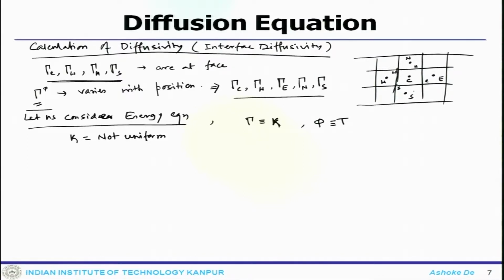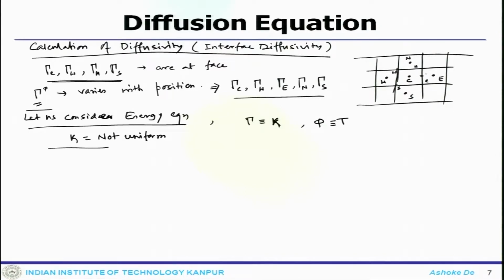Once that is different, assuming an equivalent diffusivity is not going to give an exact solution. So, in that case, you need a proper estimation of gamma at a particular cell interface.